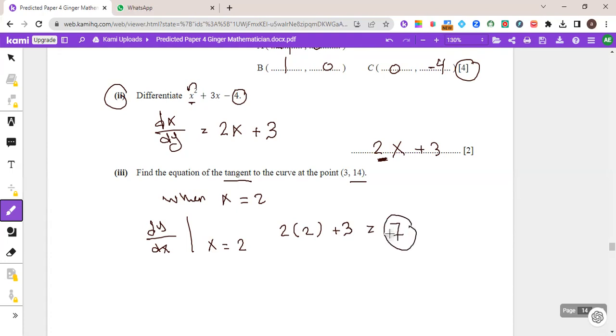So that is the gradient I need. So y equals 7x plus c. I need to get c. How to get c? Using this point.